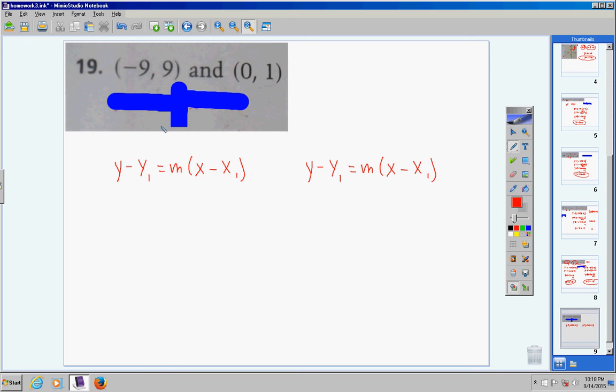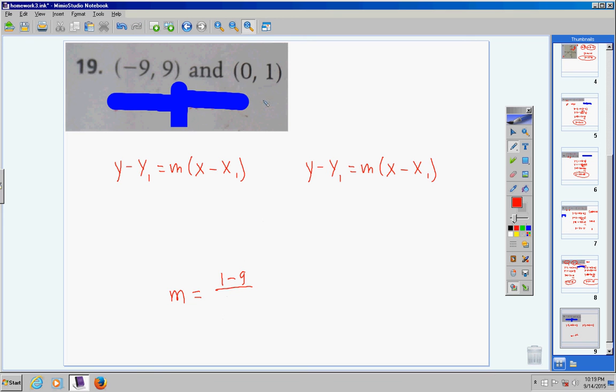Okay, now, you've been given 2 points. Whenever you're given 2 points, you use this formula here. However, you must find the slope. So I'm going to do that very quickly. Y minus y goes up top. If I'm going to go backwards, I'm going to put this y first to show you it doesn't matter as long as I put this x first. So y minus y, 1 minus 9.